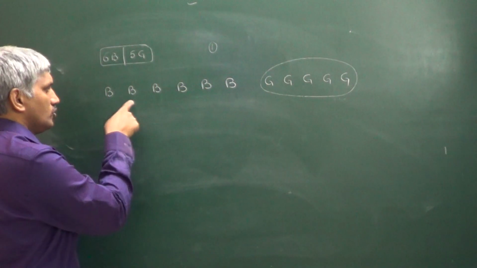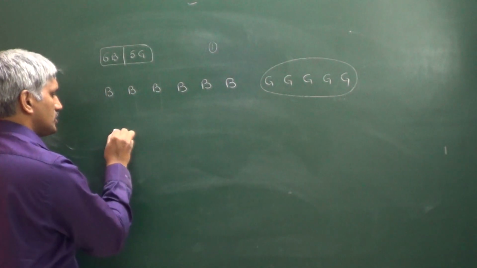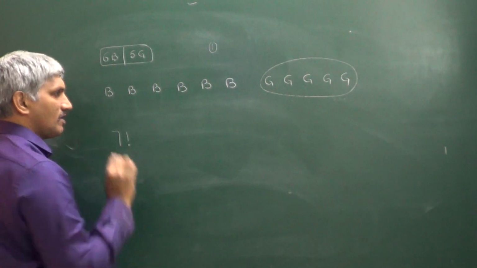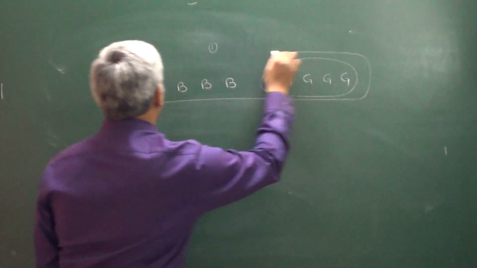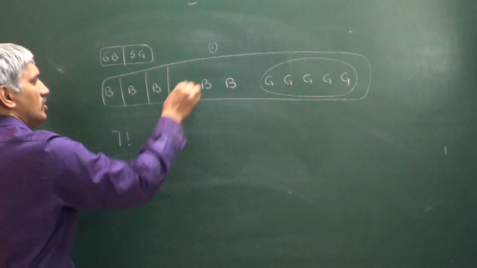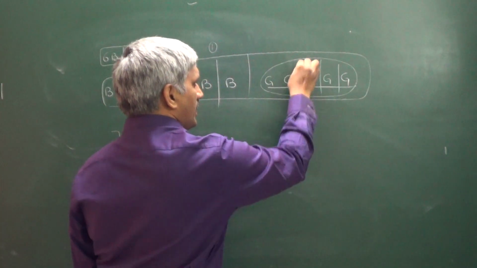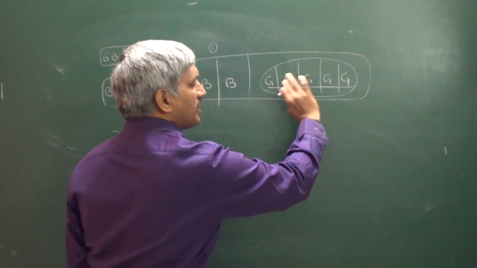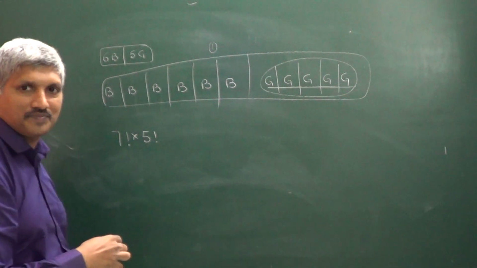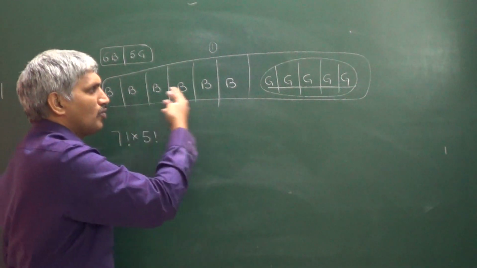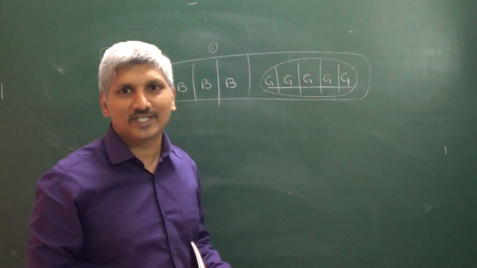Total 1, 2, 3, 4, 5, 6, 7 units. These 7 units can be arranged in 7 factorial ways. At the same time, these 5 girls can interchange among their places in 5 factorial ways, because whenever the boys and girls sitting arrangement is over, then only our process is completed.